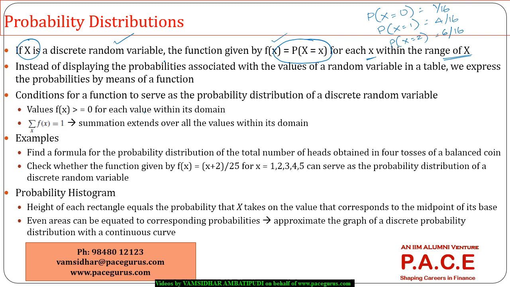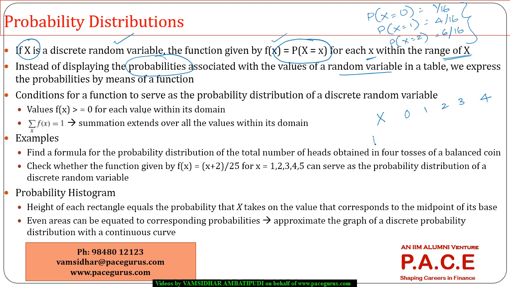In some cases, instead of displaying the probabilities like this, I am displaying the probabilities associated with each of the random variable's values, because I am saying random variable X takes on 0, 1, 2, 3, 4.